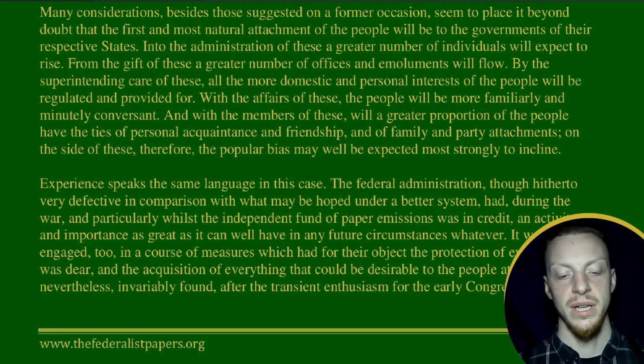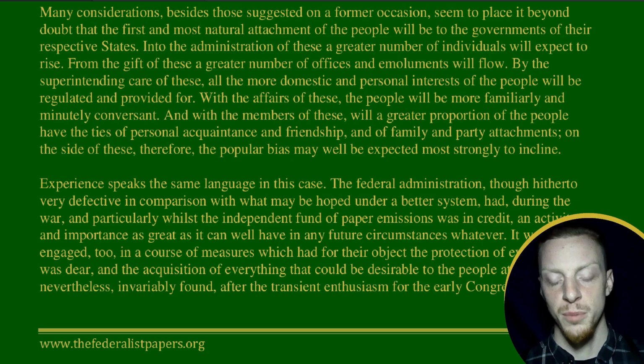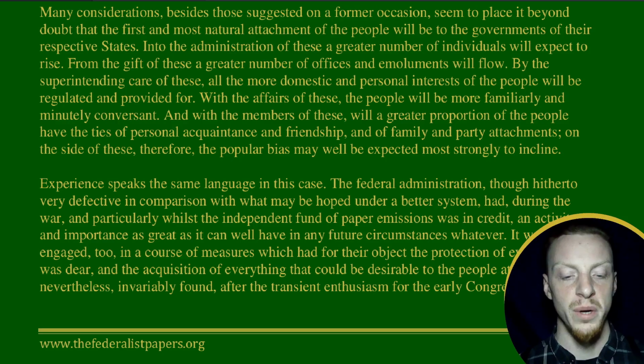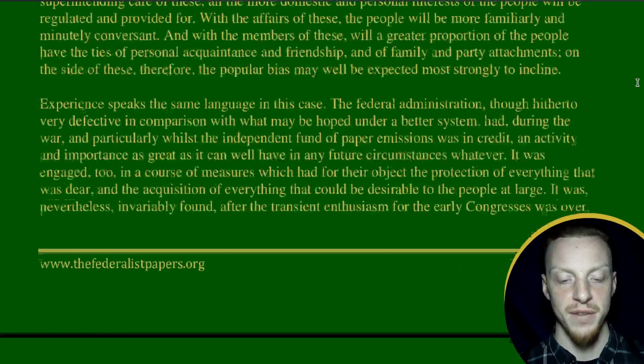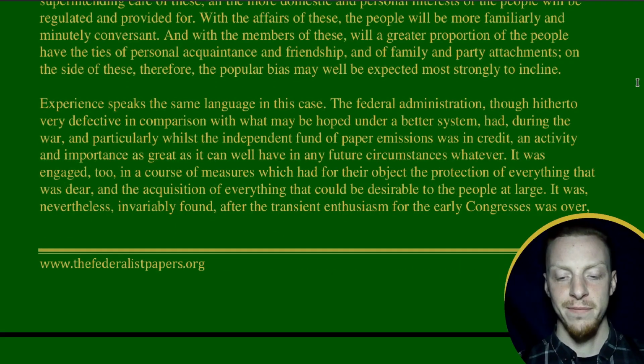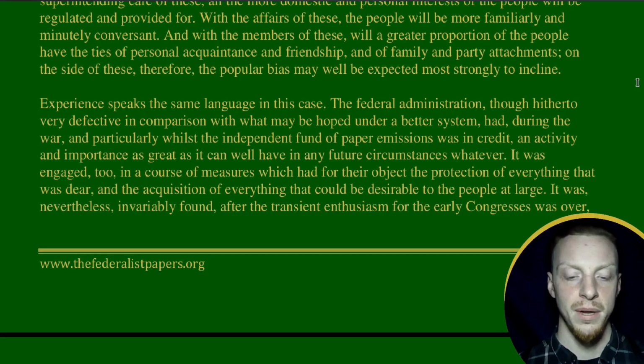By the superintending care of these, all the more domestic and personal interests of the people will be regulated and provided for. With the affairs of these, the people will be more familiarly and minutely conversant. And with the members of these will a greater proportion of the people have the ties of personal acquaintance and friendship, and of family and party attachments. On the side of these, therefore, the popular bias may well be expected most strongly to incline.